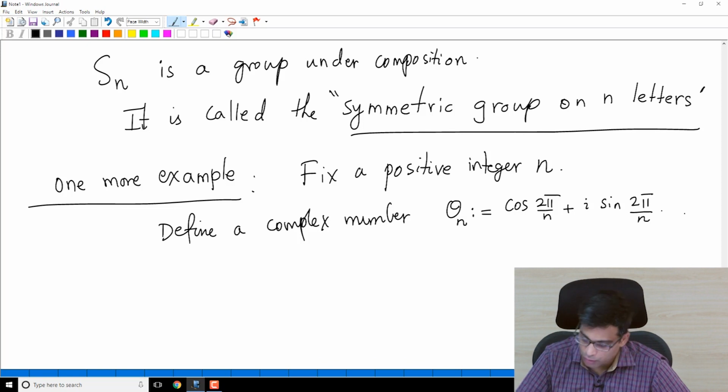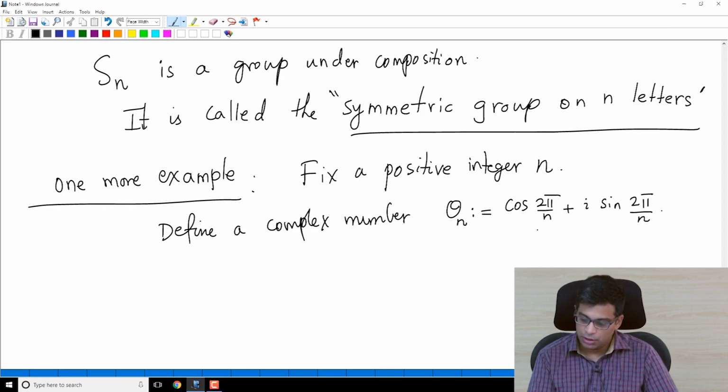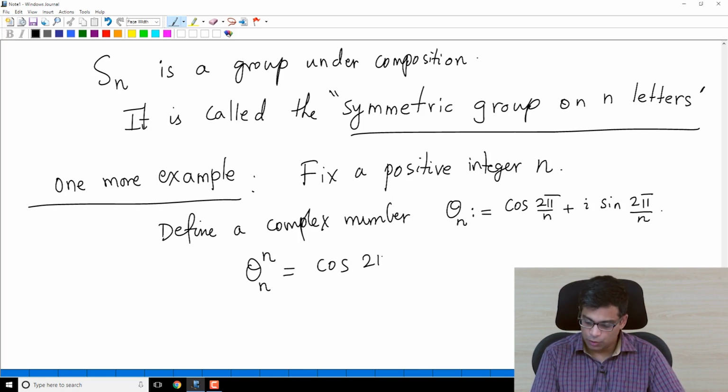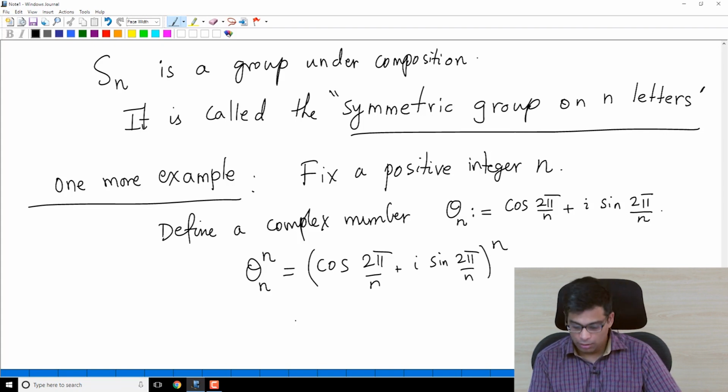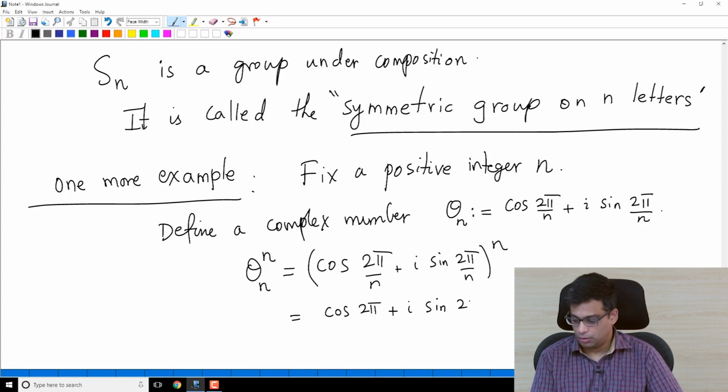If you know a little bit about complex numbers, it is not important in general for the course, but in this example you need to know this. If you have a complex number of this type, when you take the nth power of this, in other words, I am taking cosine 2 pi by n plus i sin 2 pi by n, the whole power n, this, by the properties of complex numbers, simply happens to be cosine 2 pi plus i sin 2 pi.